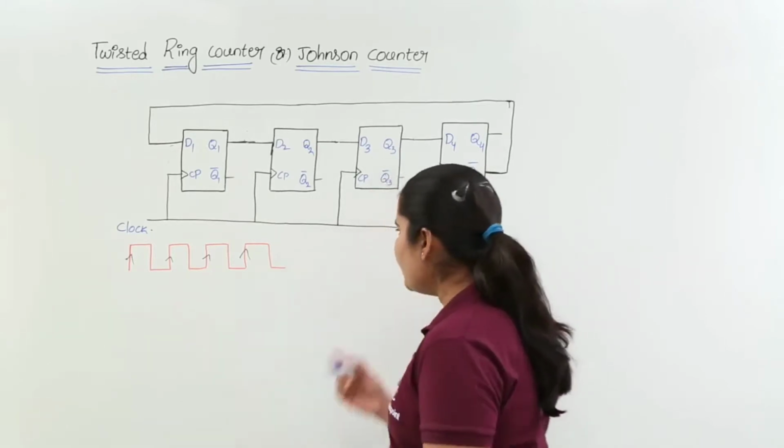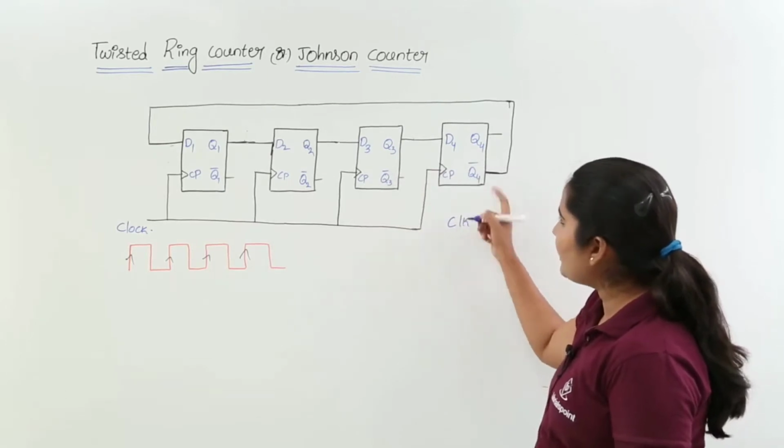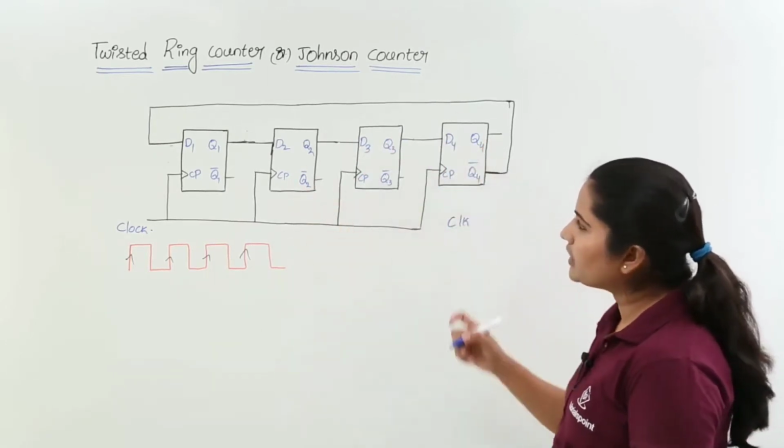Now we will see the process here. I am considering the clock and the outputs Q4, Q3, Q2, Q1.